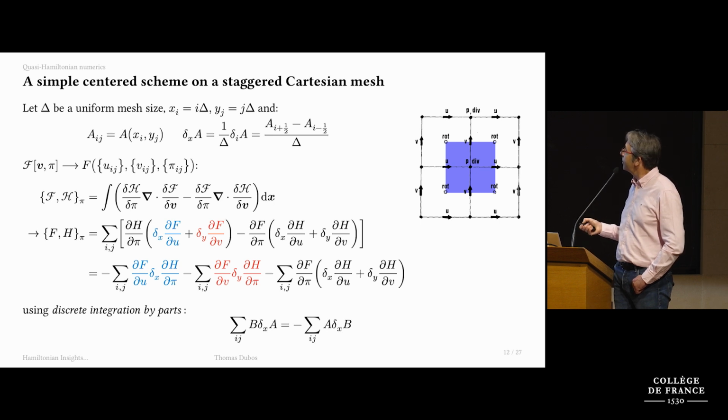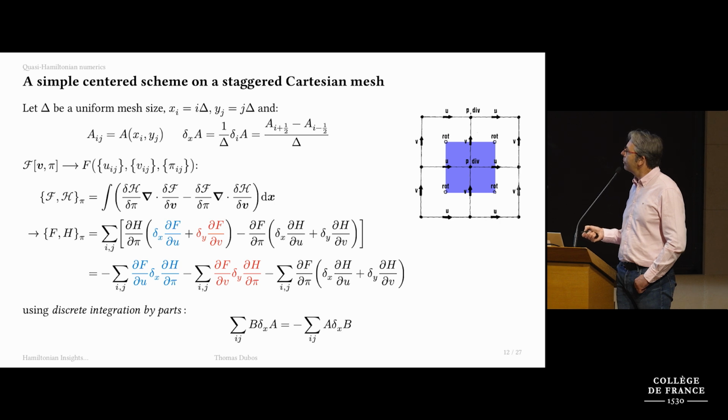Same in the y direction. And I can do something similar for the gradients. If I take the finite difference between these two points, it gives me a gradient at that point. So this is an imitation of the continuous antisymmetric bracket, and by design it's antisymmetric.